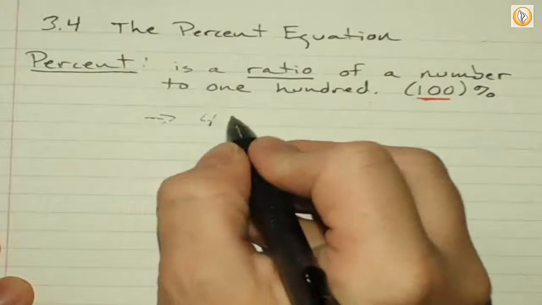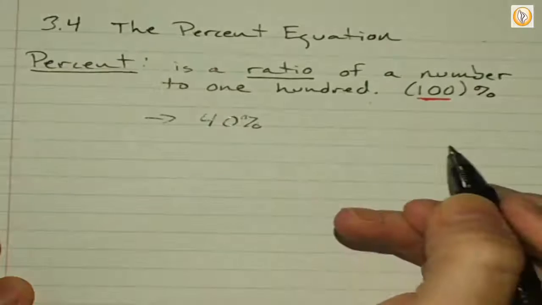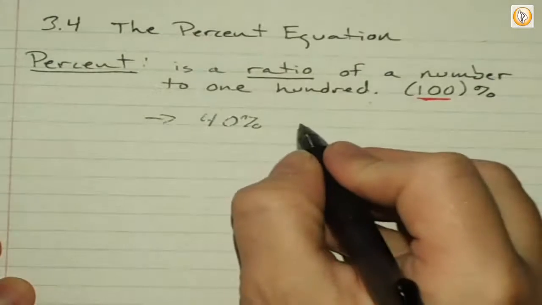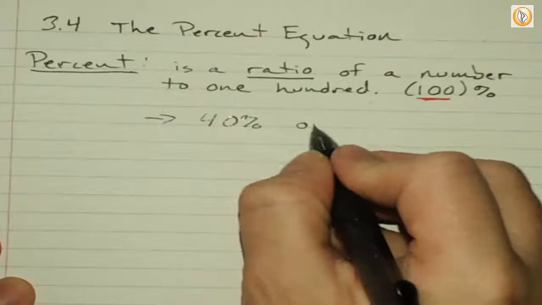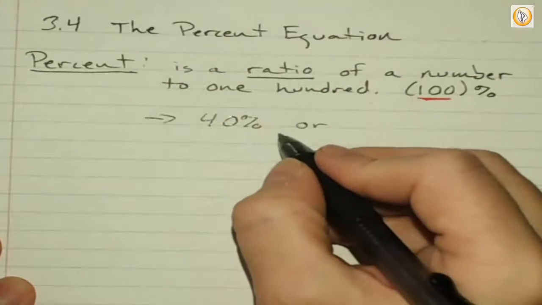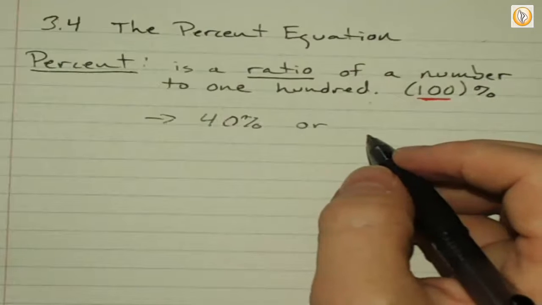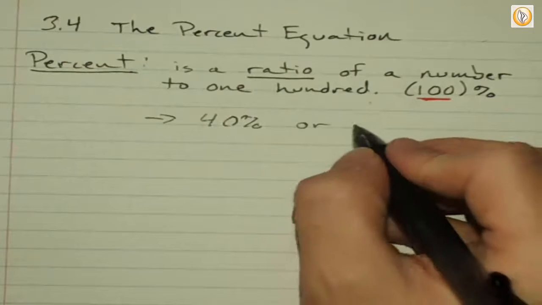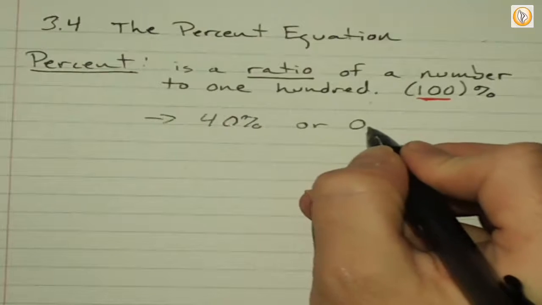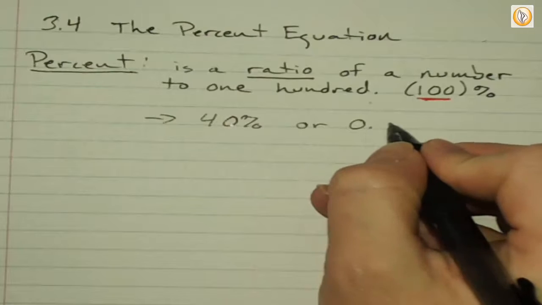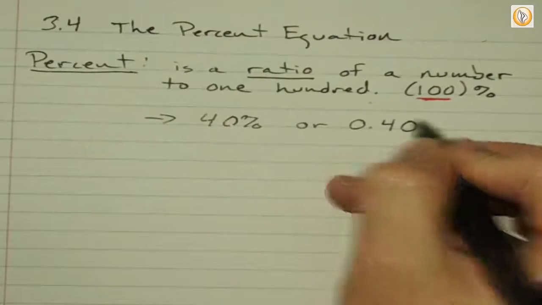For example, 40% can be written as 40%. It can be written as a decimal, as 0.40.